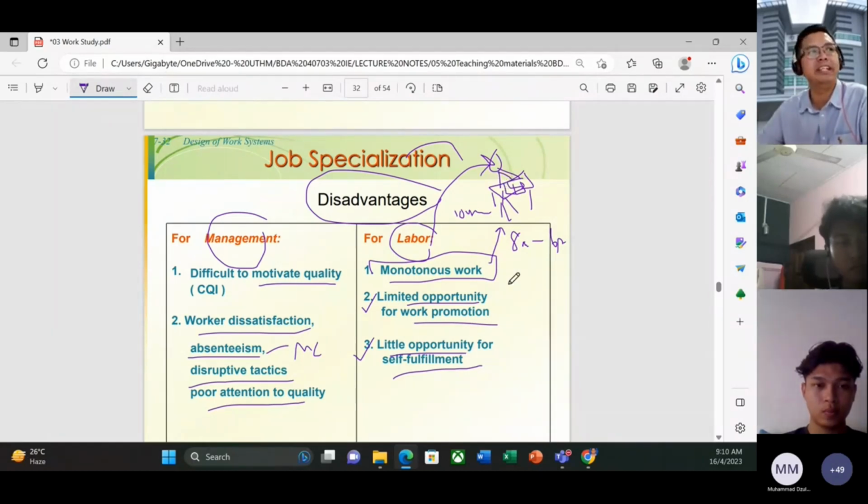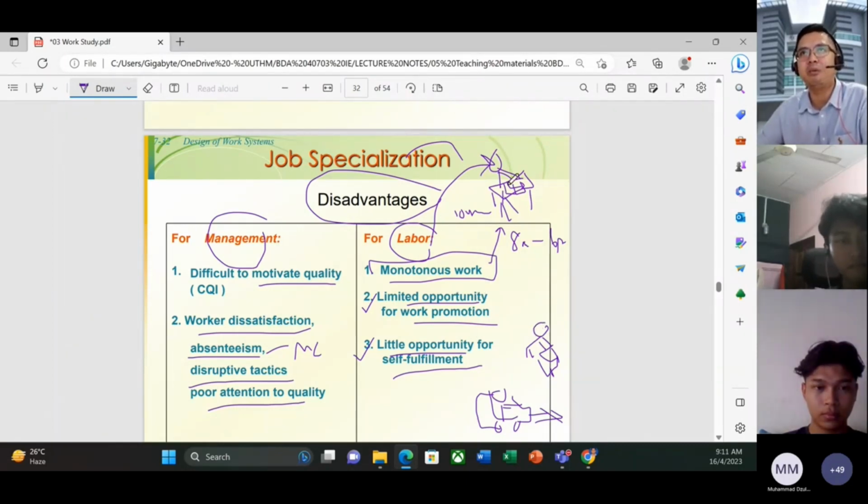If we have the opportunity to learn other job descriptions, for example, manual lifting, or we can drive a forklift, this is a forklift, so we have multitasking here. Then work promotion can be assured for the employee.